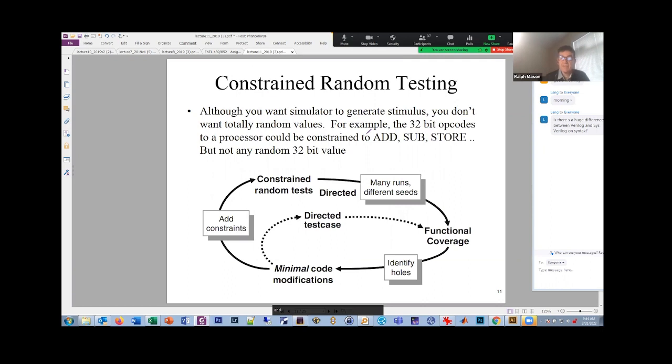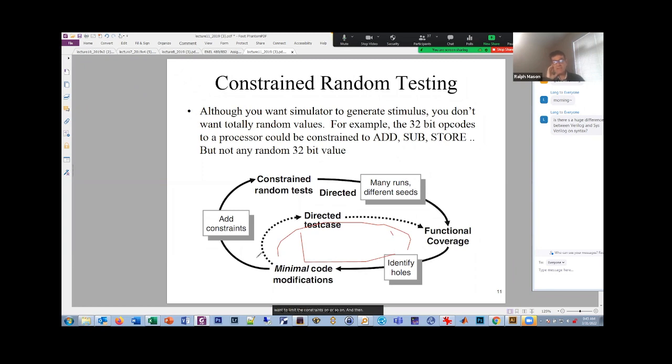And this is another way of looking at what I described, the day of a verification engineer. So basically, we have a design, and during the day the verification engineer is running directed tests, and they get run on the design, and they come back. They're running all these little tests during the day, finding any little bugs or holes or things that they want to limit the constraints on and so on.